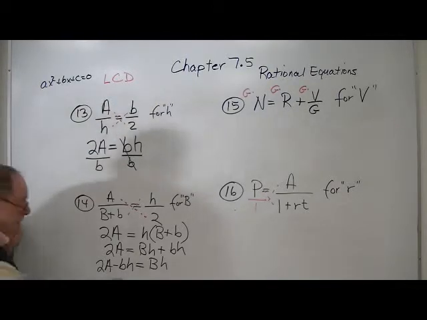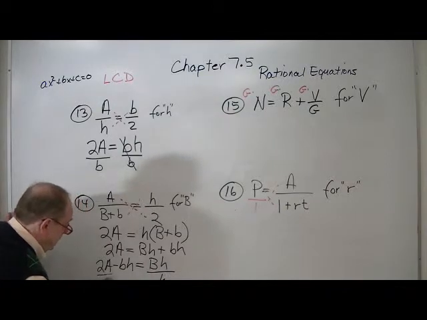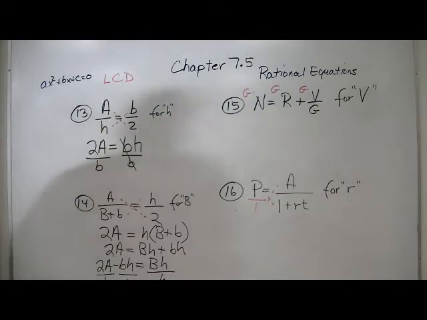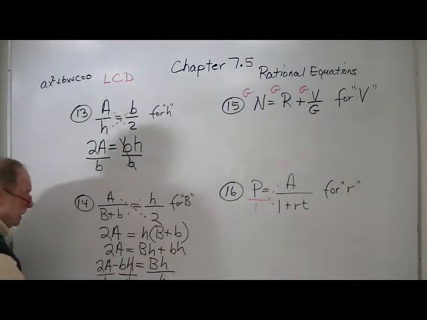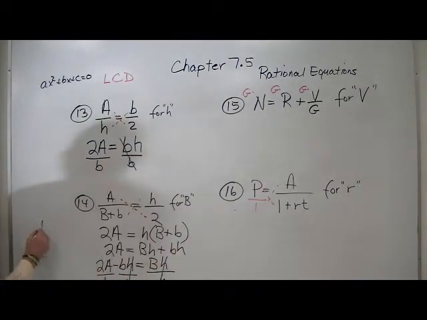And now what you're going to do is divide both sides by h. And a technique would be to do it like so. Put it over each of the terms, because here you'll notice you can cancel that out. So this eventually will become capital B equals 2a over h minus b.